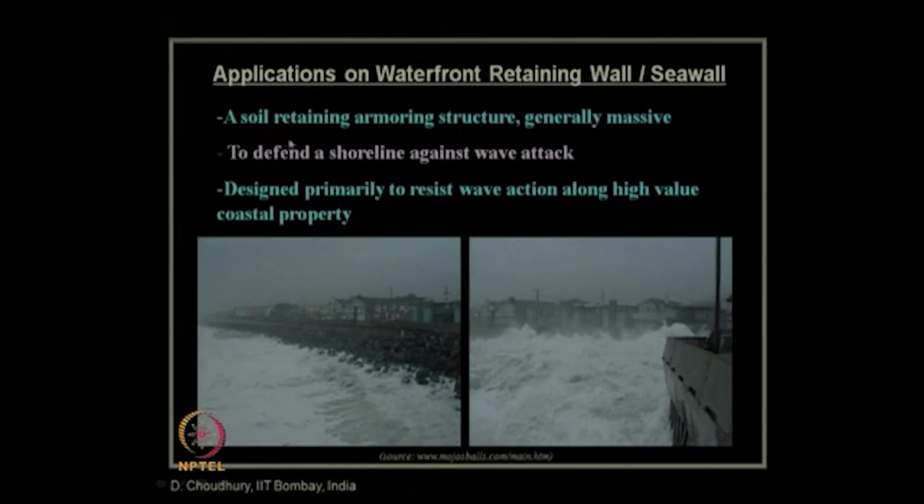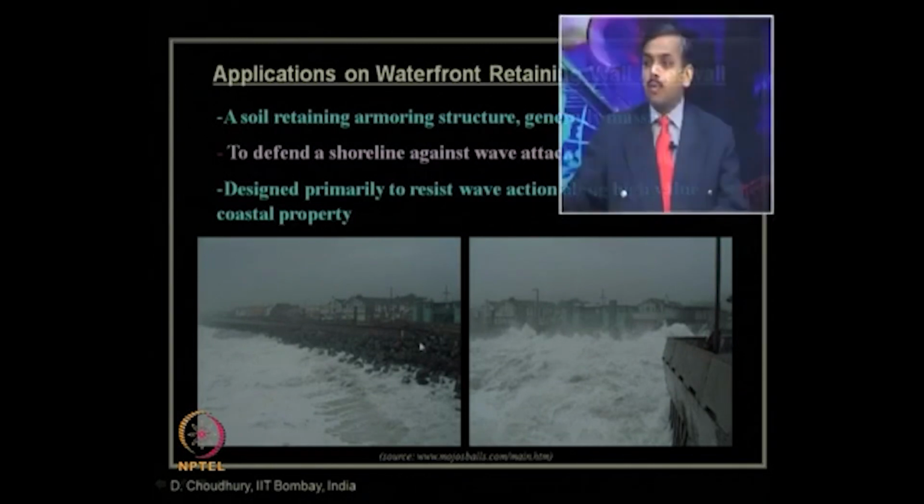It is a soil retaining armoring structure, generally massive in nature, used to defend a shoreline against wave attack, designed primarily to resist wave action along high value coastal property. For example, in India, in Marine Drive in Mumbai, we have this type of waterfront retaining wall or sea wall.